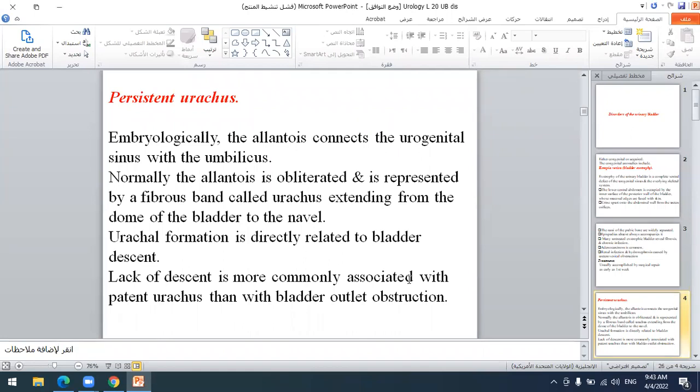Urachal formation is directly related to bladder descent. Lack of descent is more commonly associated with patent urachus than with bladder outlet obstruction.